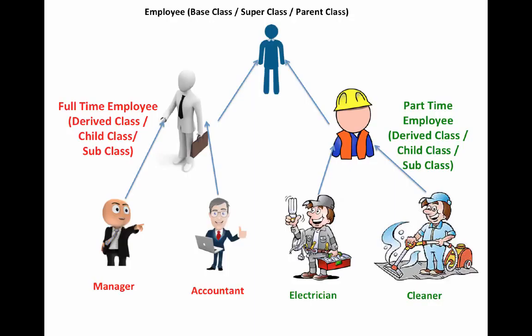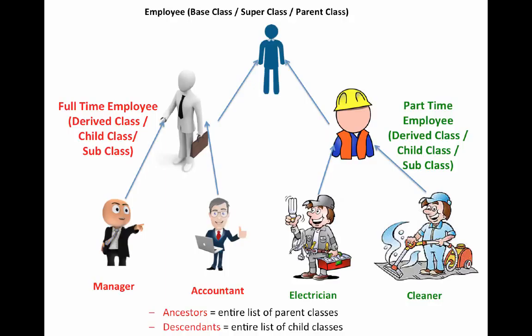So in this tree, you can see employee is the root, which has two children, full-time employee and part-time employee. And full-time employee has two children, manager and accountant. And part-time employee has two children, electrician and cleaner. So we could have the ancestors and descendants concept. Ancestors is the entire list of parent classes, and descendants is the entire list of child classes.